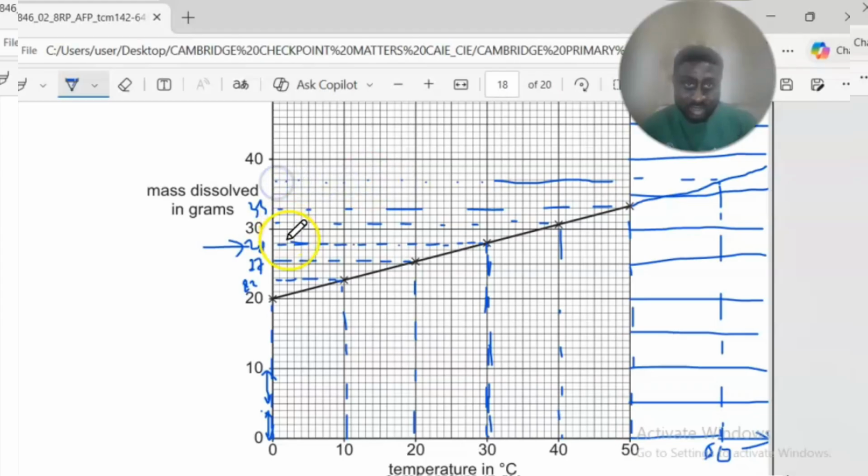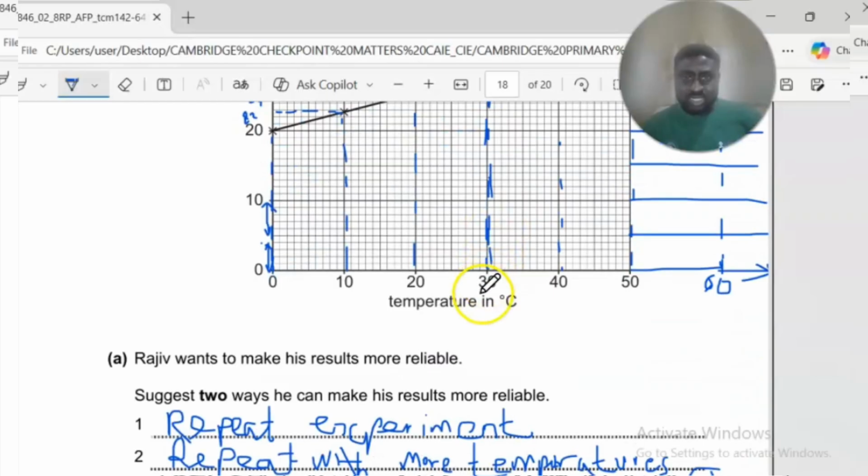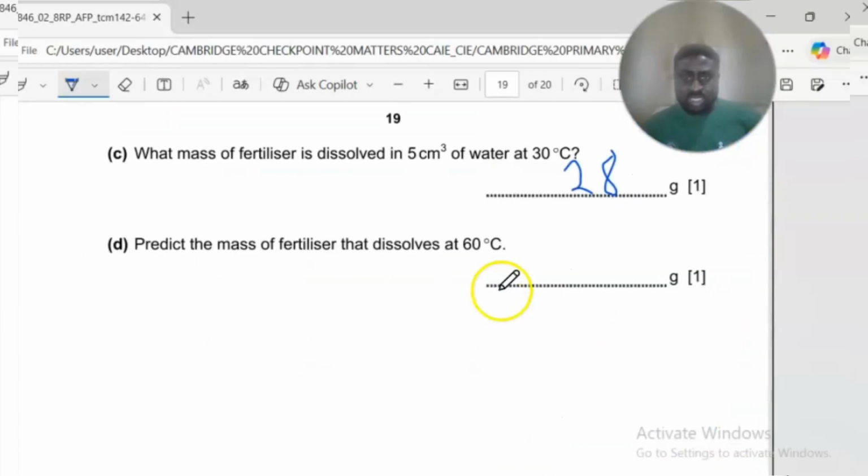So here, if you have 30 here, this is 35, 36, 37, you get to 38, 39, and 40. So it's exactly at 37 grams here. So the range between 37 grams to say 40 can be a likable answer for this question, but I got exactly 37 grams and it's correct. So that goes for 1 mark.